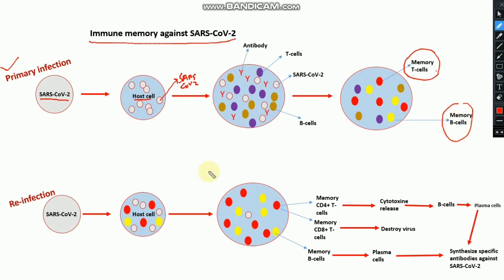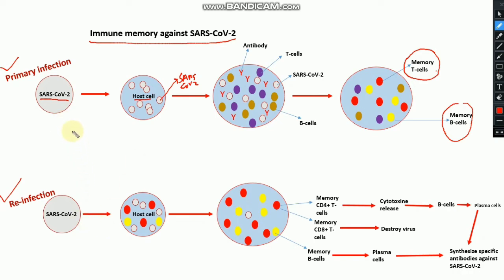So now what if reinfection occurs? When reinfection occurs, the human body already has specific memory T cells and specific B cells that can recognize this specific SARS-CoV-2 virus.